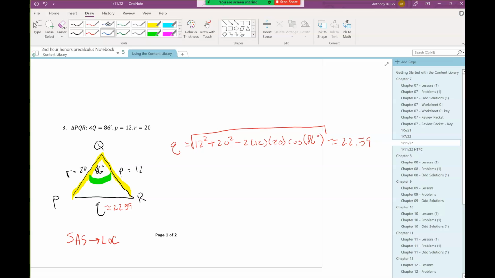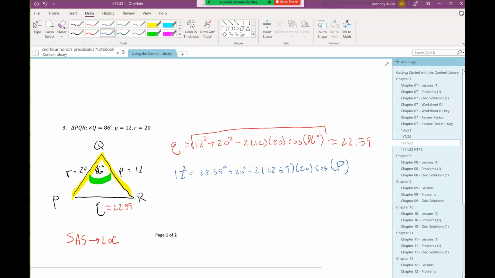Sound good? Okay. So I'm going to have side P squared equals Q squared plus R squared minus 2 times Q times R times cosine of P. Feel okay?